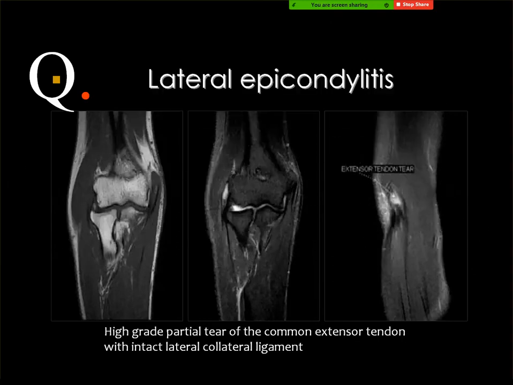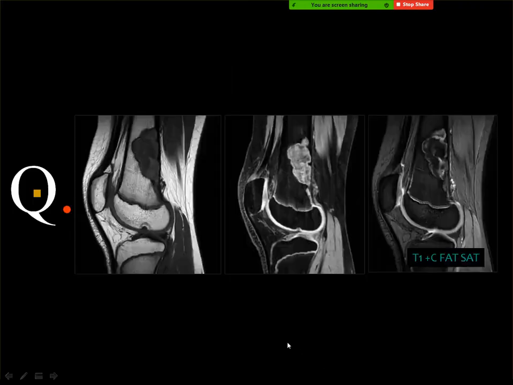And you see abnormal signal in the common extensor tendon, and the signal is either associated with a partial or complete tear, or even only a single abnormal signal in the tendon. These are also called lateral epicondylitis.